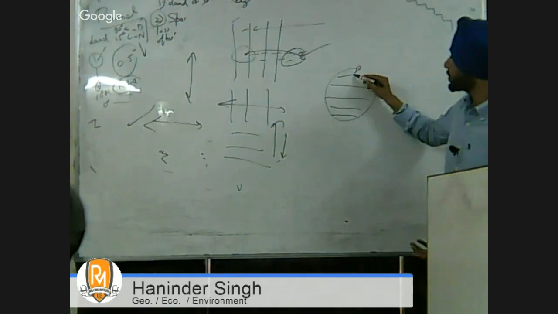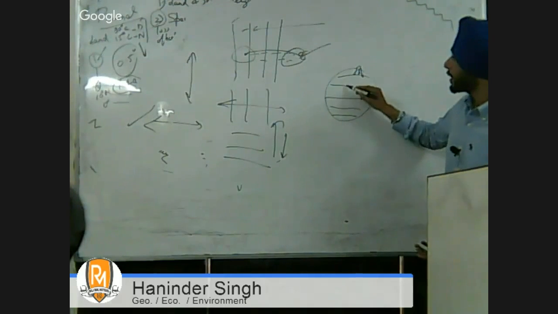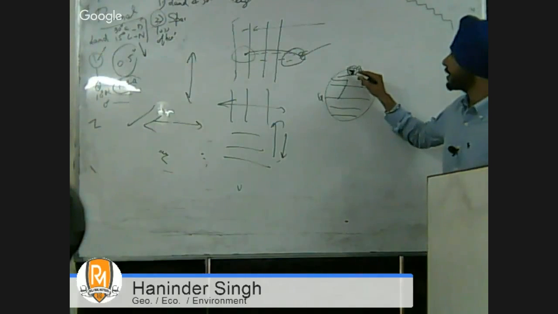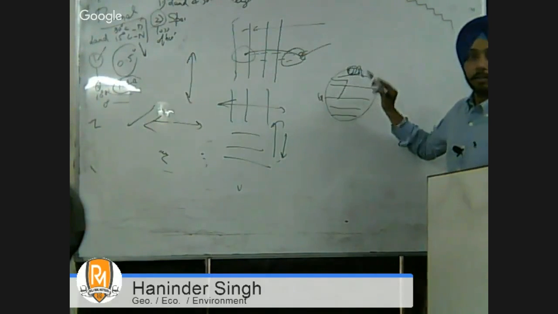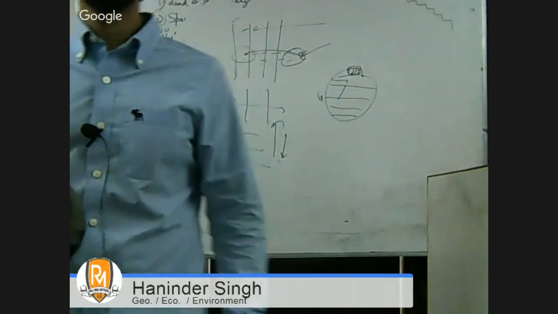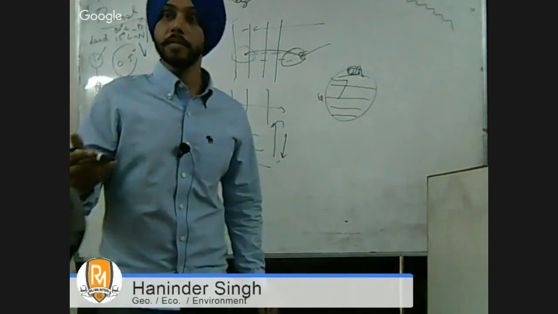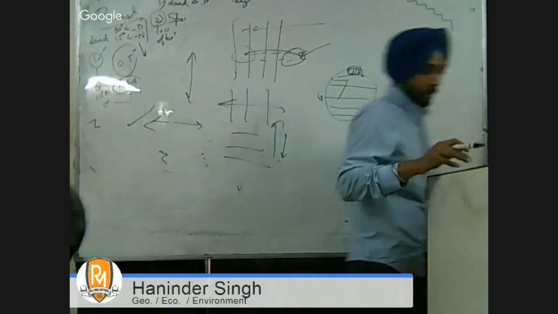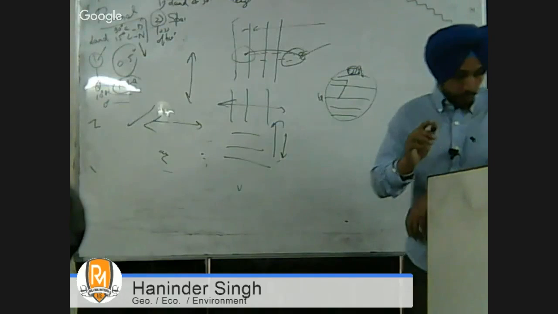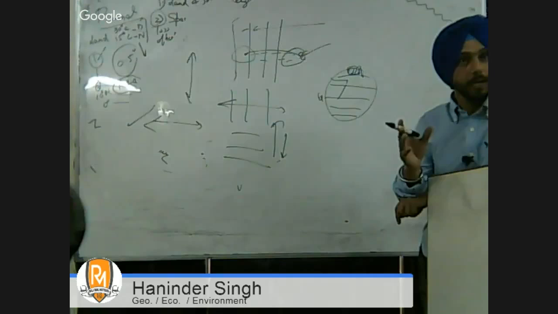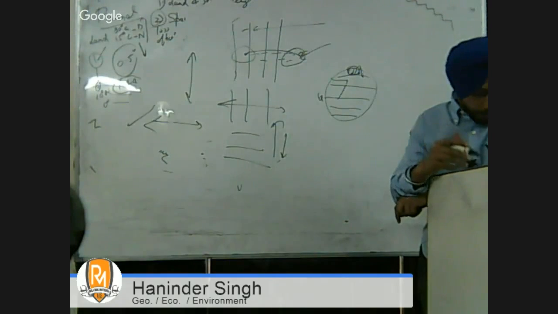This is the equator. We have northeast trade winds here, easterlies, westerlies here, and the polar wind system. Fourth is ocean currents. We will do ocean currents in detail afterwards. Hot currents, cold currents, okay.